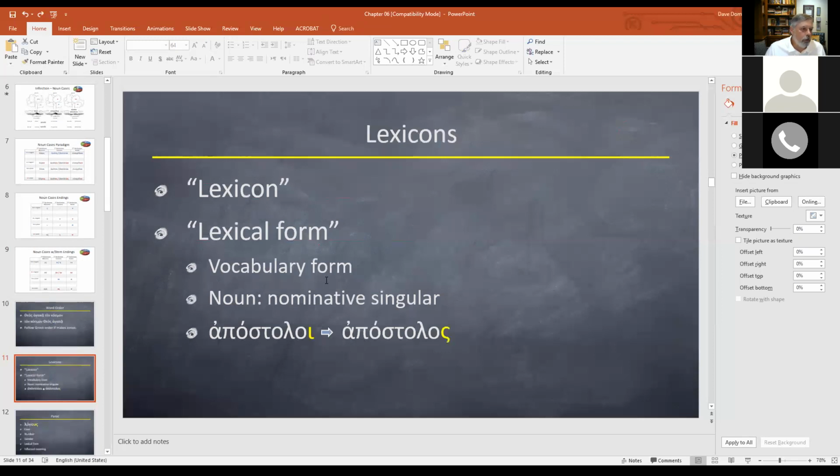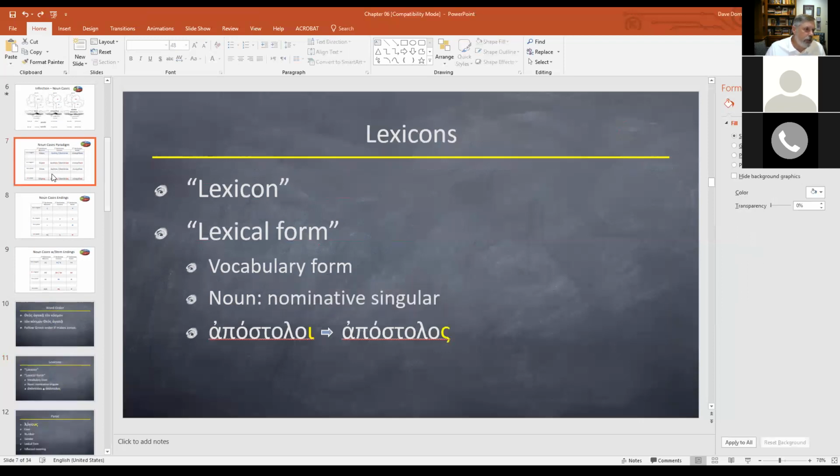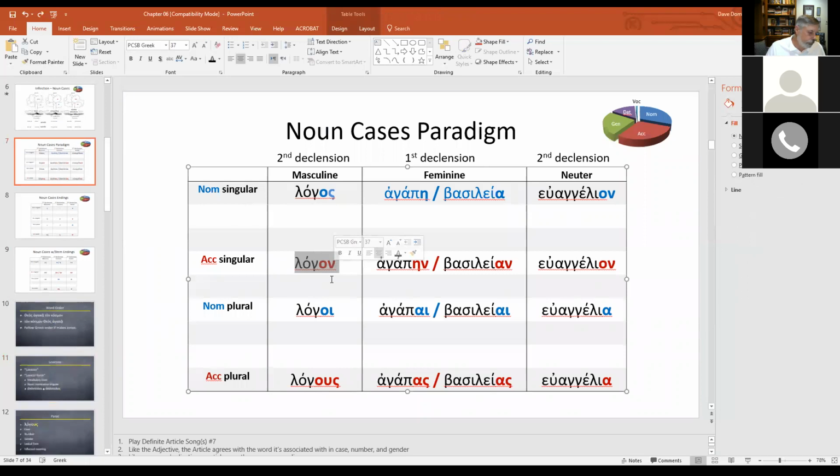When you look up a word in a lexicon, you have to look up the nominative singular. That's how it's going to be in the lexicon. So if I was looking in the Greek Bible and I saw logon and I didn't know what it meant, I couldn't find logon in the lexicon. It's not going to be there, because it's going to be in the nominative singular form.